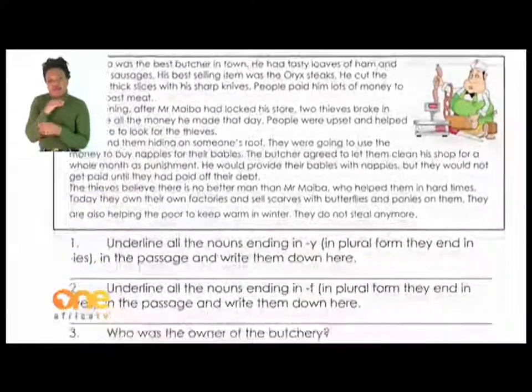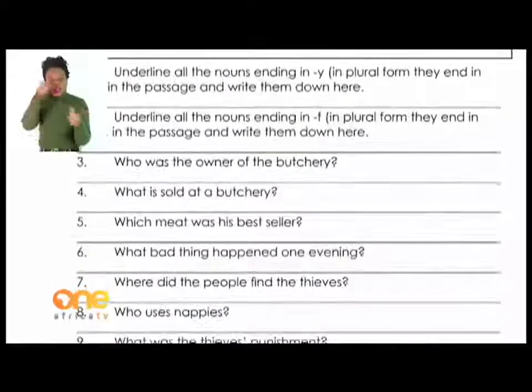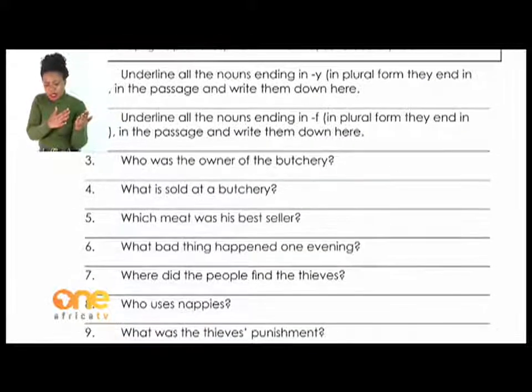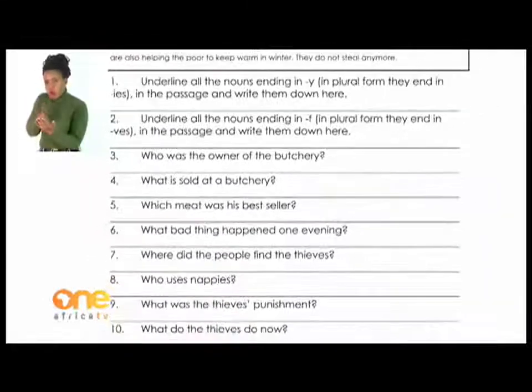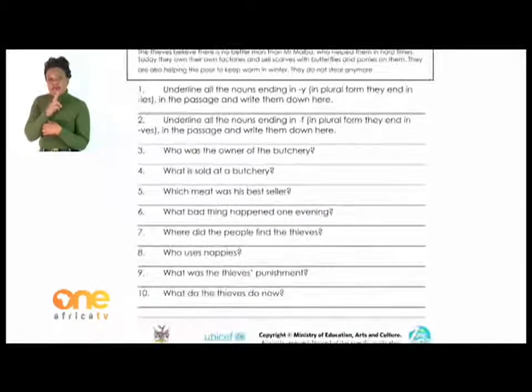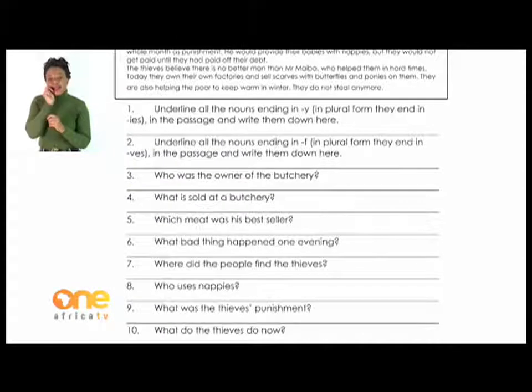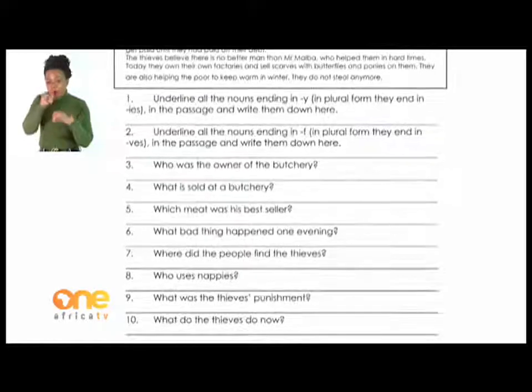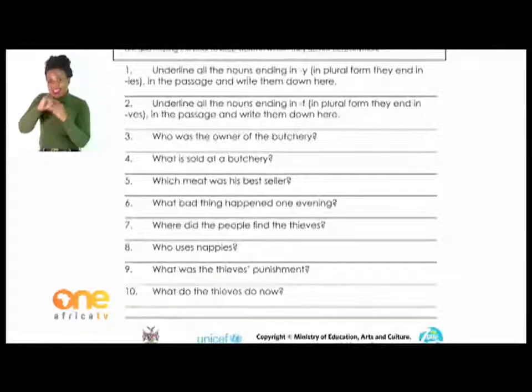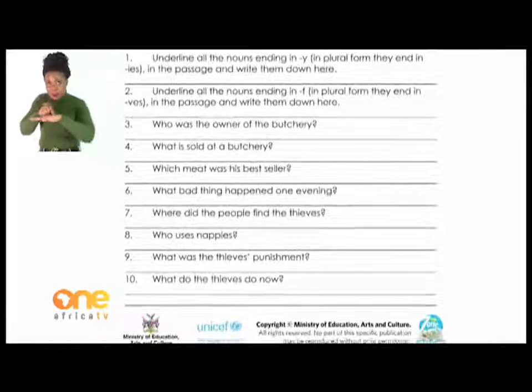And below our passage, remember what I told you. Read for the first time. Go to the questions and read for the second time. There you will be knowing what you are looking for from the passage. Underline all nouns ending in Y. In the plural form, they end in the IES. In the passage, and write them down there.